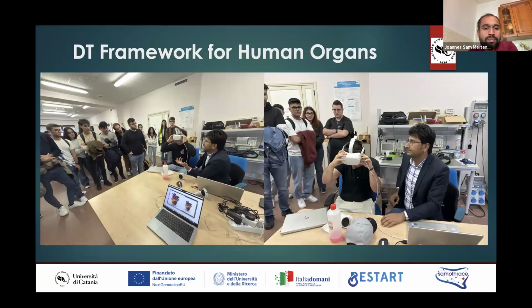This is from the smartwatch data. When the student wears the Oculus, the student can have an immersive view of his own heart organ, how it's moving. When I say moving, it's how it's deflating or pumping based on the heart data.